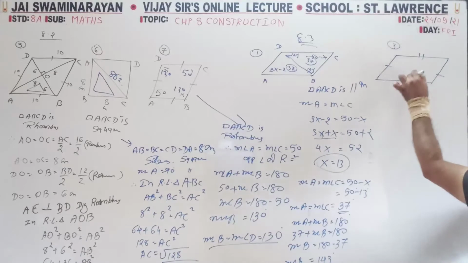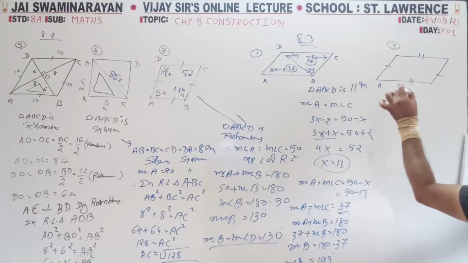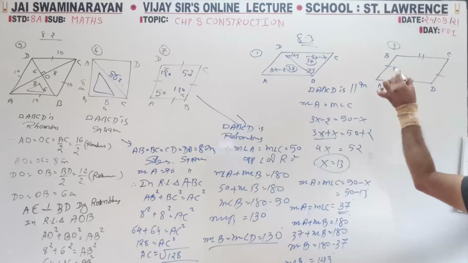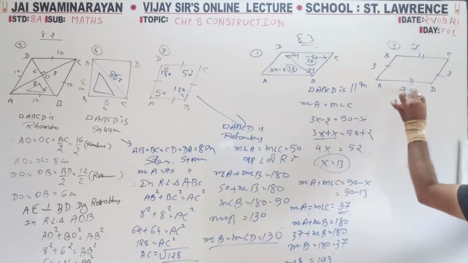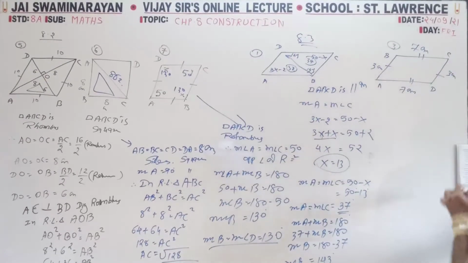Parallelogram means opposite sides are congruent. So I'll write AB, CD. AB is given 3 cm. So this is also 3. This is given 7. So this is also 7. Not given, but you have to consider from the property. And the B angle is 40.